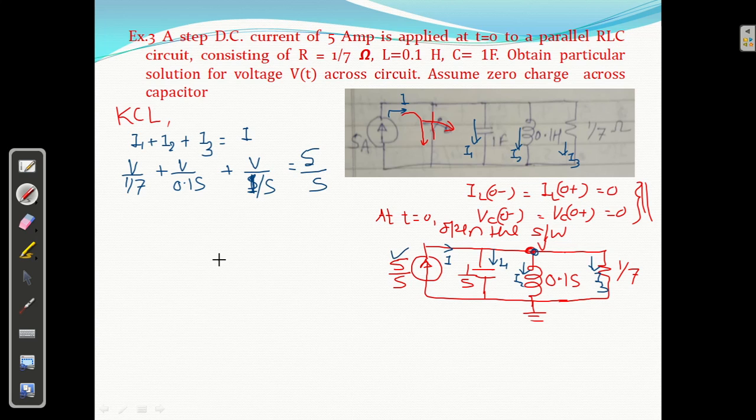So you will get 7V. Yeah, I'm taking V common.